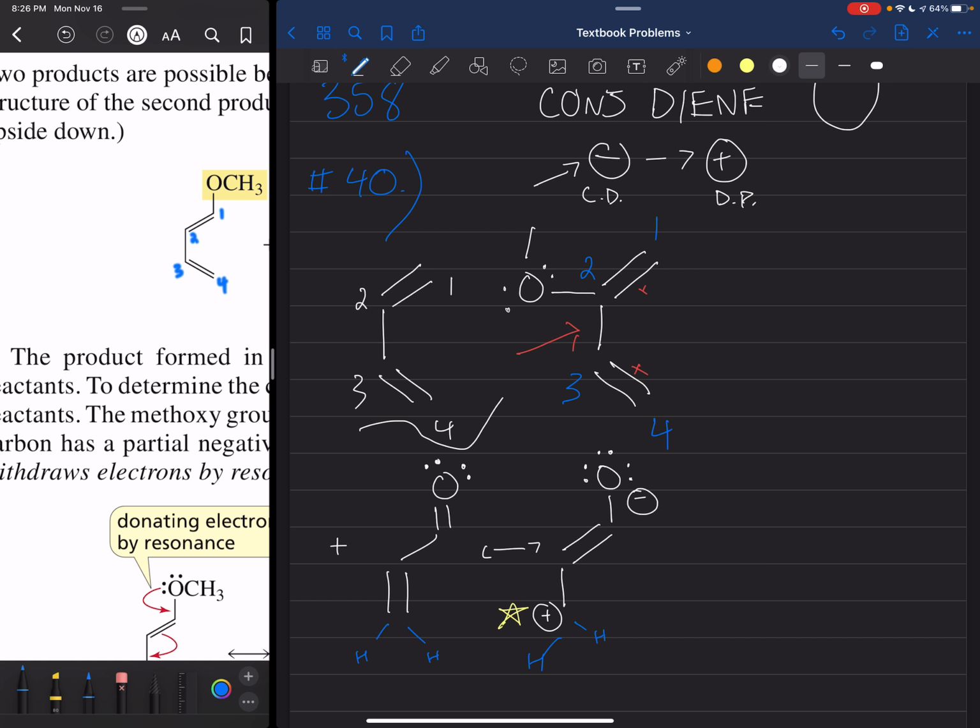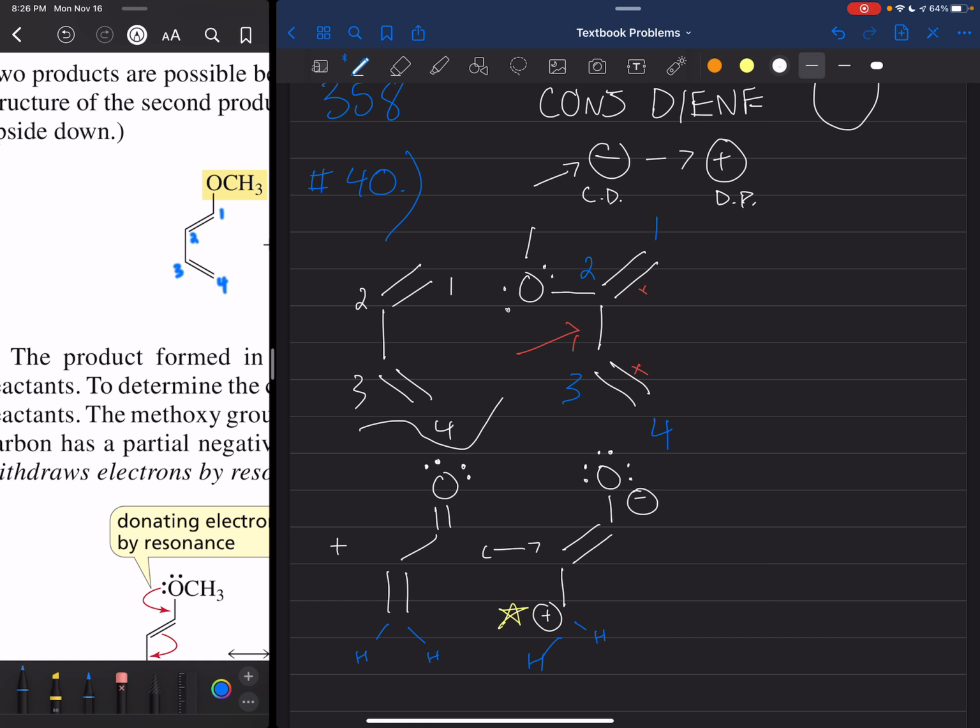This is where things get a little crazy. This is where things get a little confusing. In this case, oxygen is going to form a double bond. We're going to send a lone pair somewhere, okay?